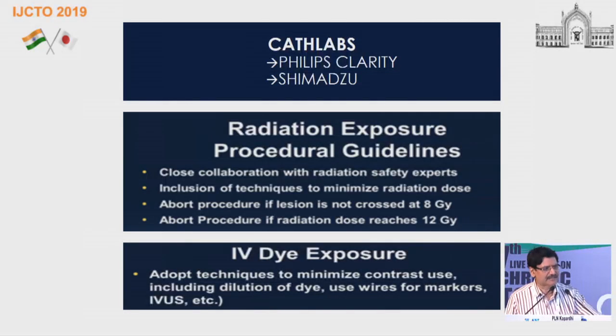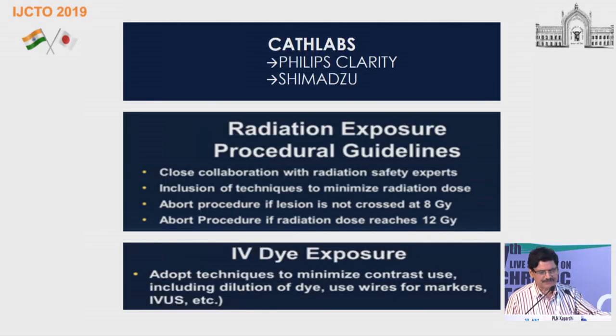And regarding the cath labs, some of the cath labs are associated with 50% less radiation, especially Philips, Claret, and Shimadzu. These should be preferred because radiation safety is also important. And the radiation exposure procedure guidelines we have to follow, especially close collaboration with radiation safety experts, wearing radiation badges and reviewing the radiation dose for the interventional cardiologist.